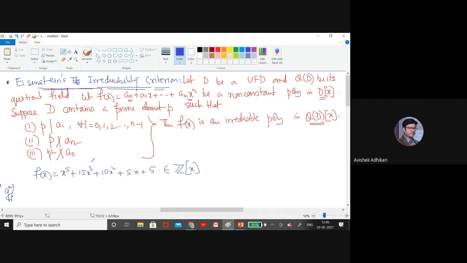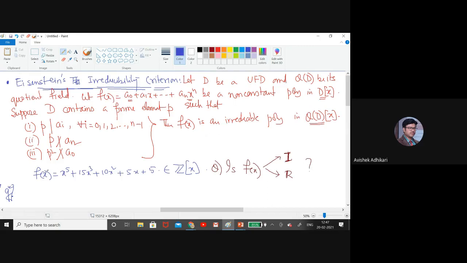So you need to check whether this can be factored, or maybe by using some other tricks you can find that. So the question is whether this polynomial is irreducible. My question is, is f(x) irreducible or reducible? So what would be your solution?